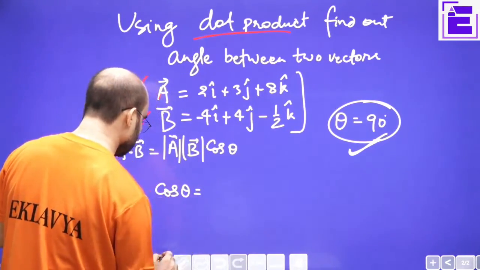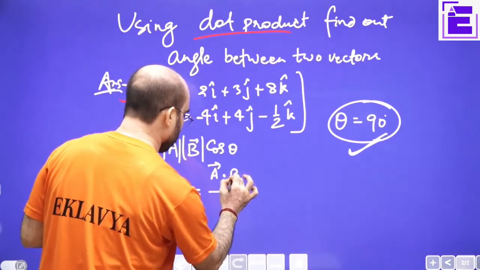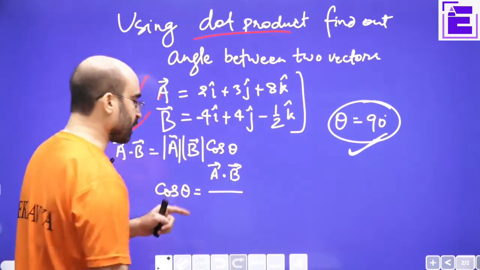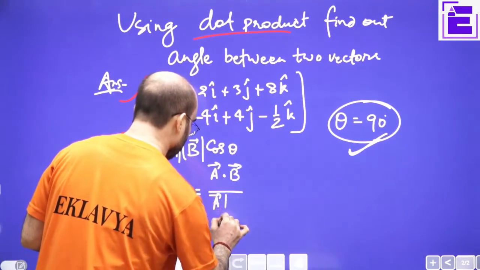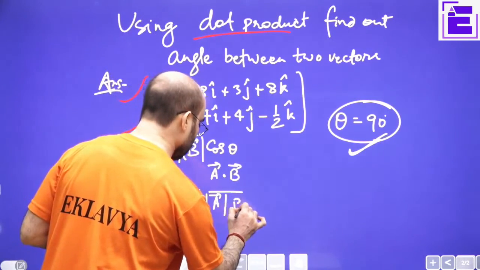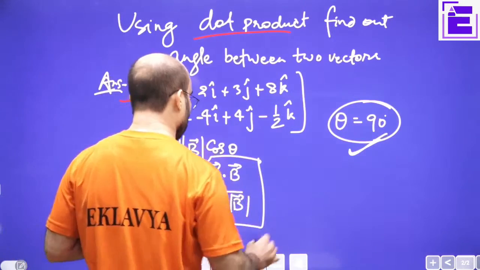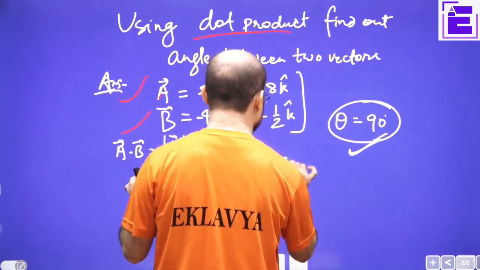Cos theta equals A dot B divided by magnitude of vector A and magnitude of vector B. And how to get the magnitude of vector A?